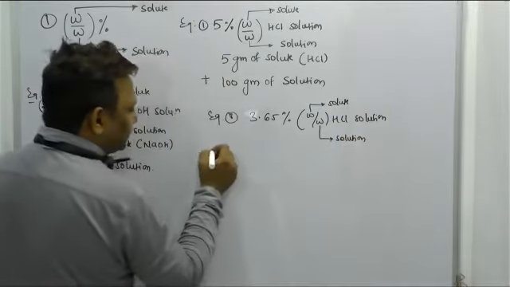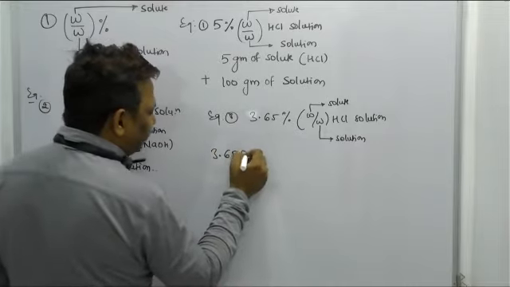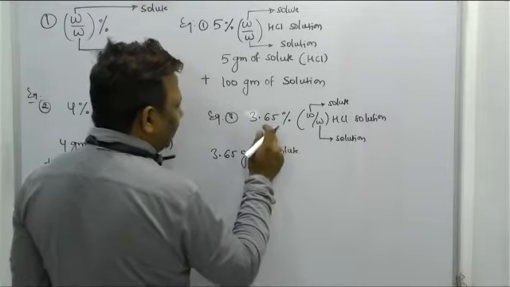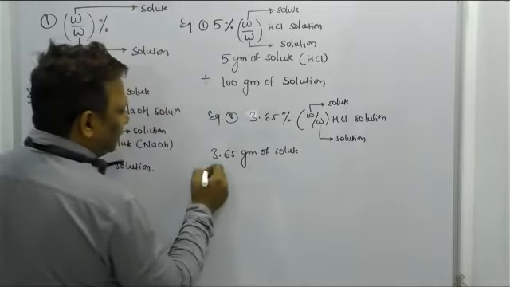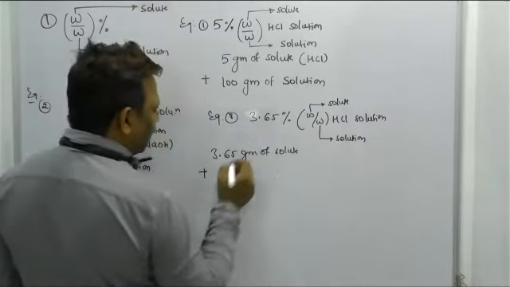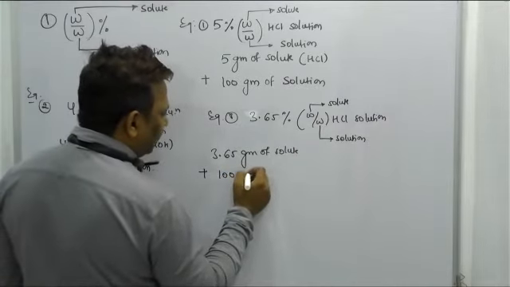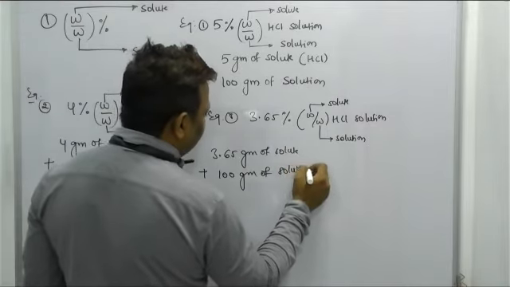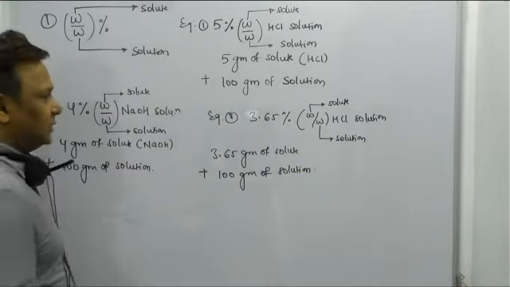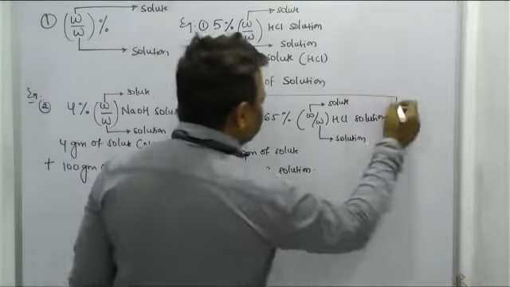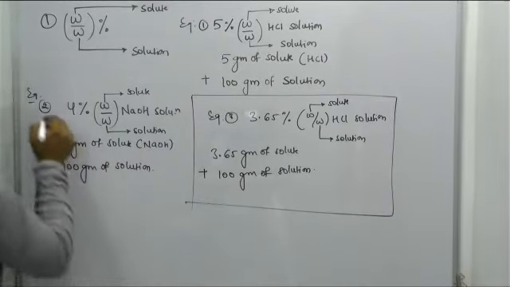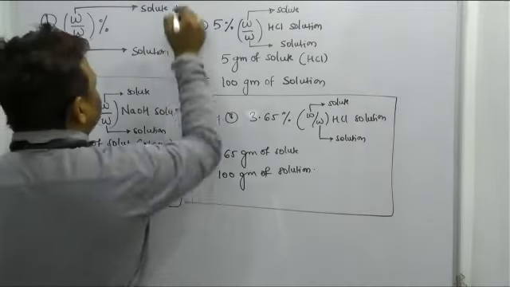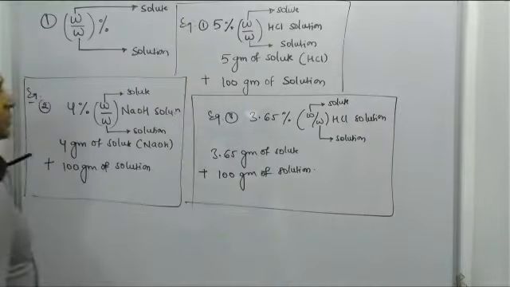That means 3.65 grams of solute dissolved in 100 gram of solution. Right, beta? So these are the ways to express the weight of solute and weight of solution.